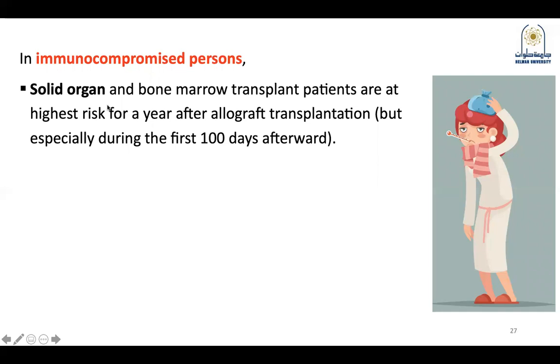Solid organ transplantation or bone marrow transplantation patients are at high risk for a year after allograft transplantation, but especially the first 100 days afterward are the most critical time, the period at which the patient has higher doses of immunosuppression to avoid rejection until the allograft becomes immune tolerant.